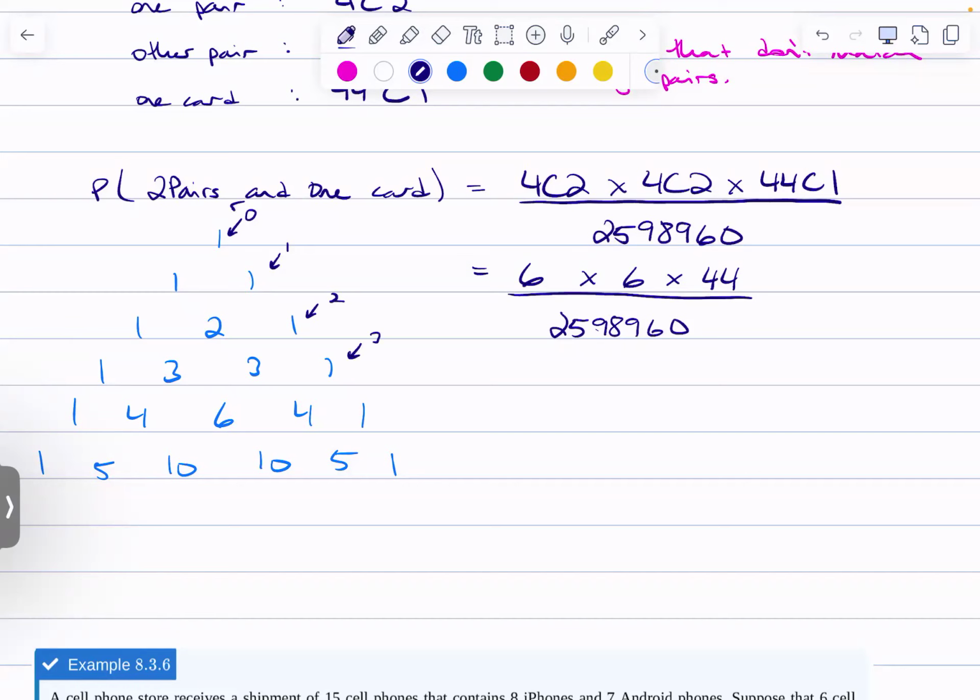So this is your R. And then this is your N, let me pick the right one. N equals 1, N equals 2 line, N equals 3 line, N equals 4. 4 choose 3 is 6.